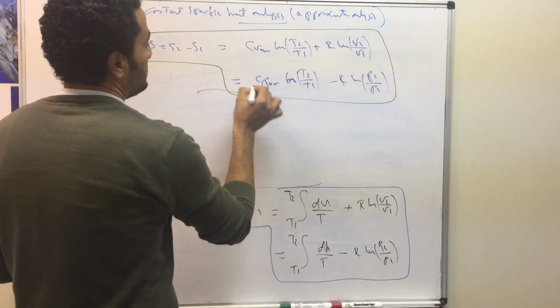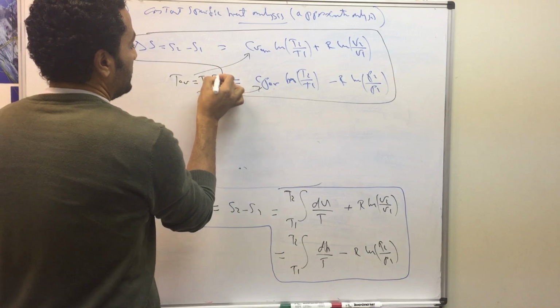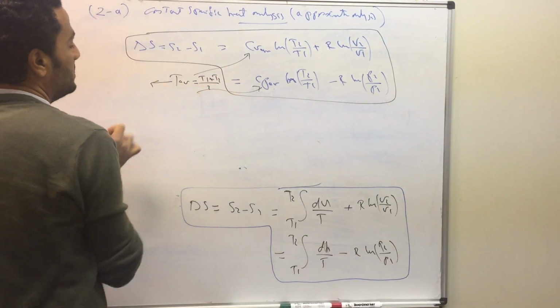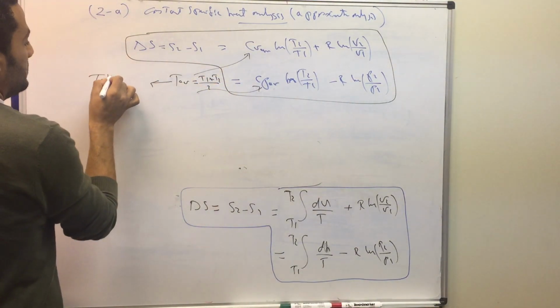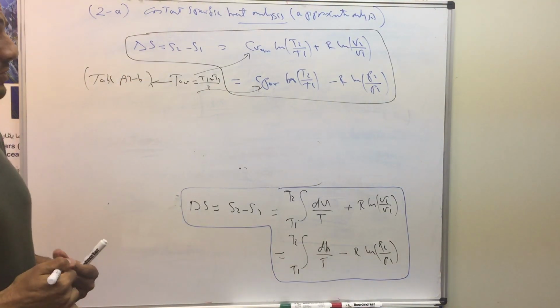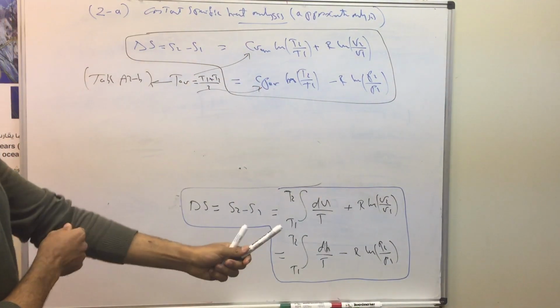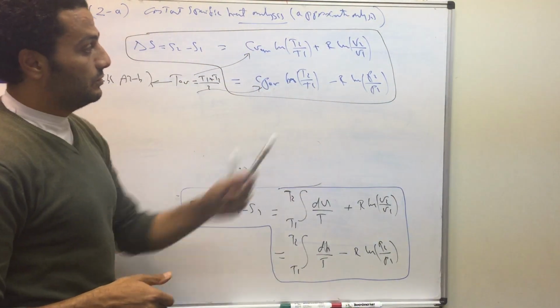C_v average and C_p average are calculated at the average temperature, and this is calculated from the table, as you know, table A2b. You can calculate C_v average or C_p average, and then we can use any of those two equations.